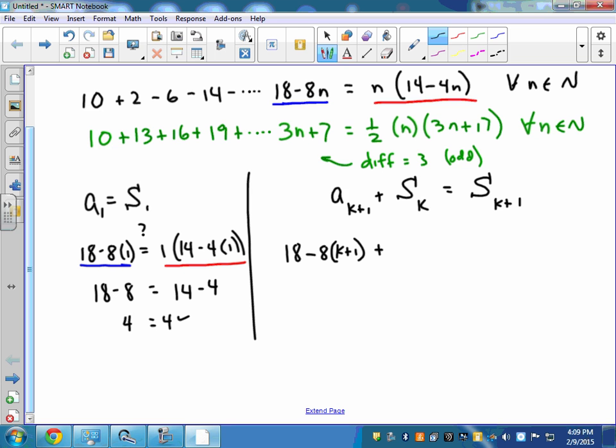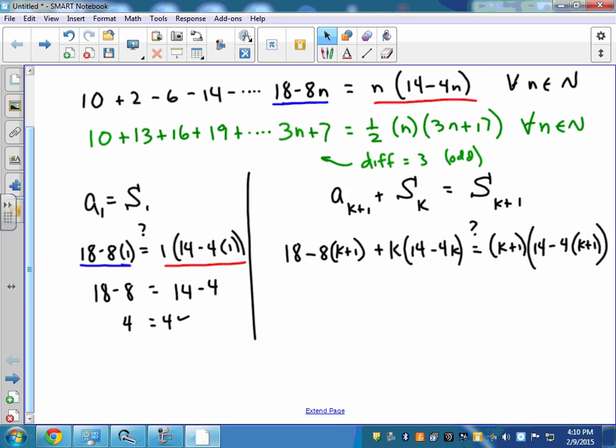For the kth partial sum, I go into the nth partial sum up here in red, and I replace n with k: k times 14 minus 4k. And for the k plus first partial sum, I again go into this red term, but now I replace the letter n with the expression k plus 1. Be careful, it is k plus 1 in parentheses times 14 minus 4 times k plus 1 in parentheses.